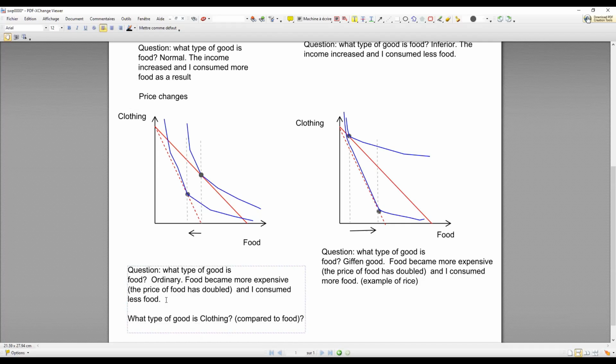Or in relation to food? Somebody has an idea?